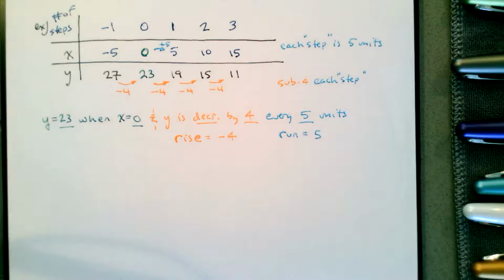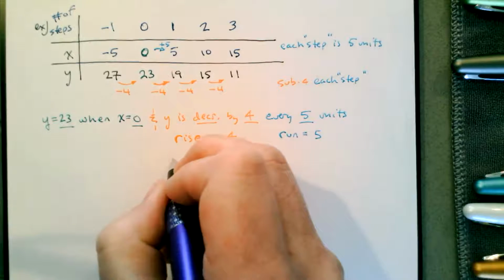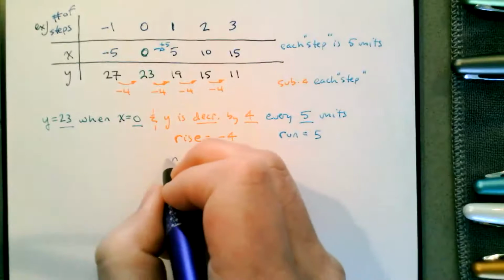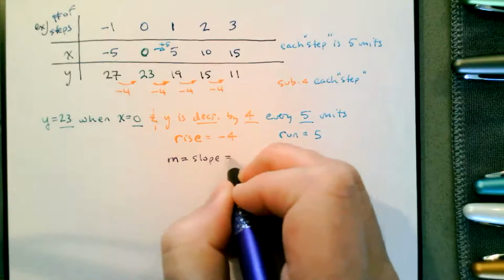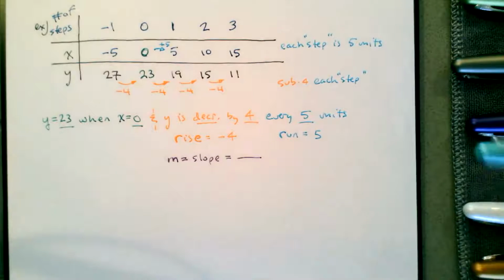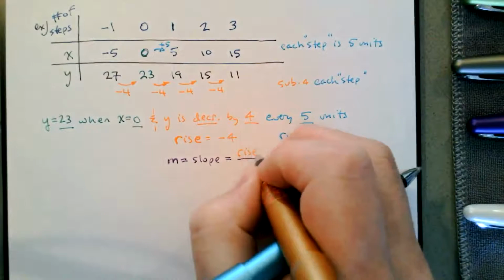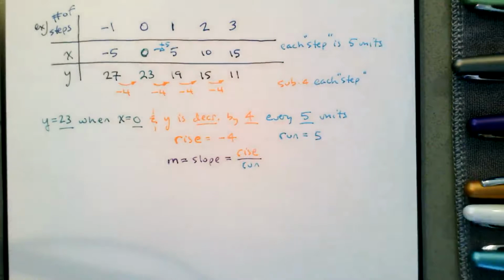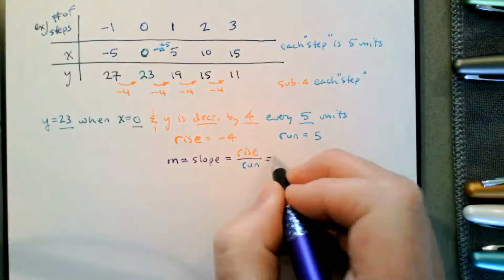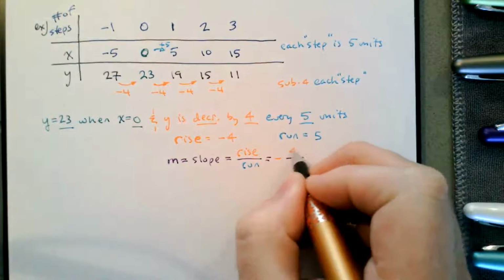And we like to combine the rise and the run into one number called the slope, which we abbreviate with m. The slope is the ratio of the rise to the run. We usually just say slope is rise over run. So in this case, the slope is a rise of -4/5.